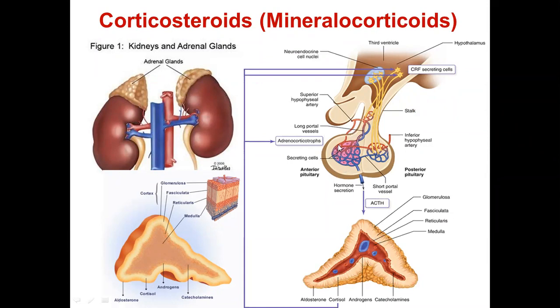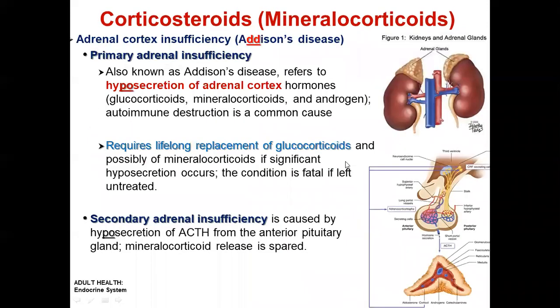Imagine a patient has developed some pathology, trauma, or tumor in the pituitary, and imbalance occurs in ACTH, and when imbalance occurs in ACTH, it leads to malfunction of the adrenal gland as well. So this pathology we call secondary adrenal insufficiency, caused by hyposecretion of ACTH from the anterior pituitary gland.